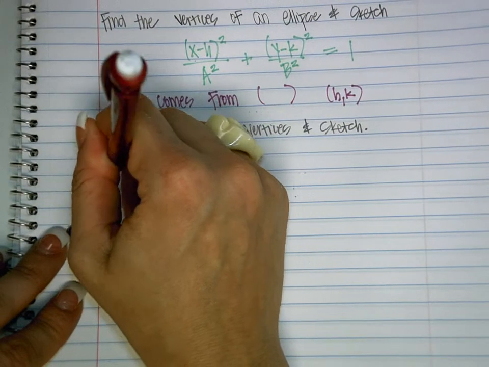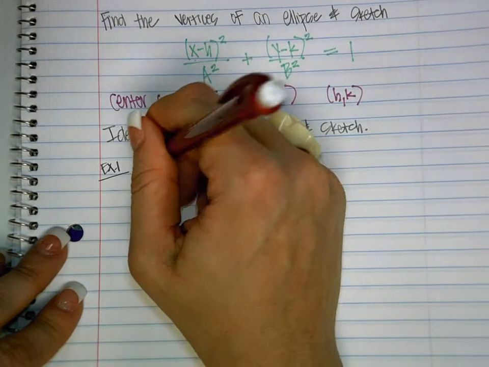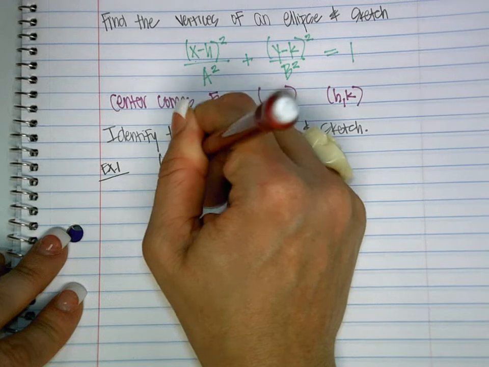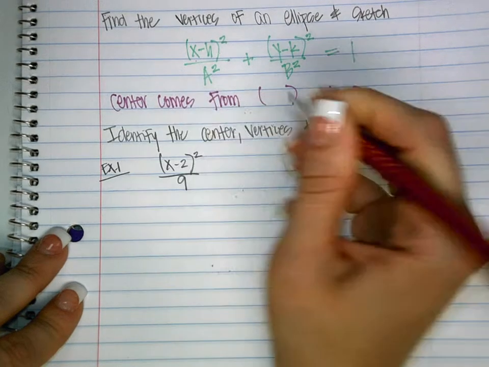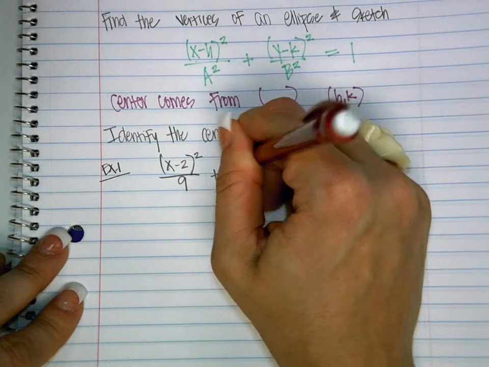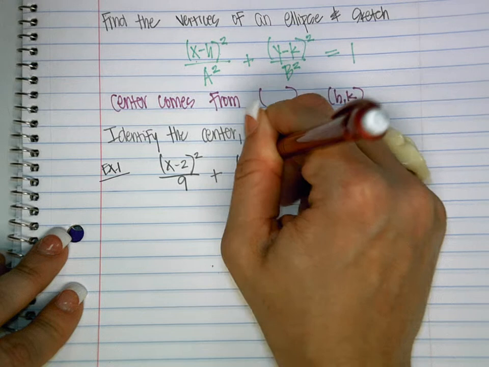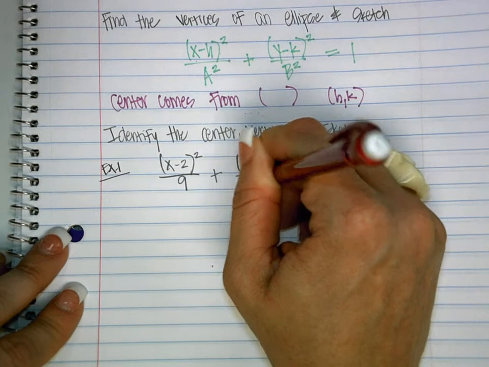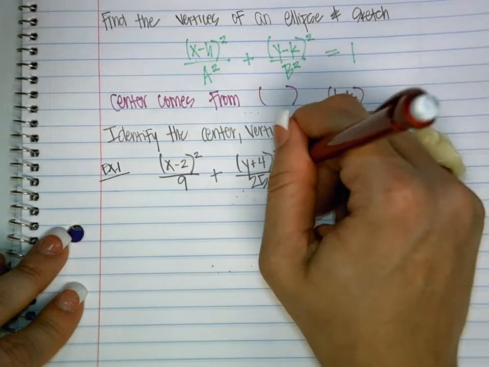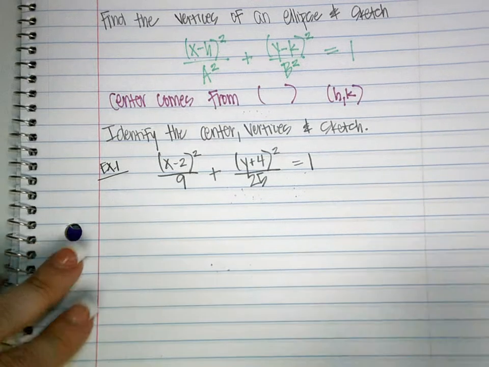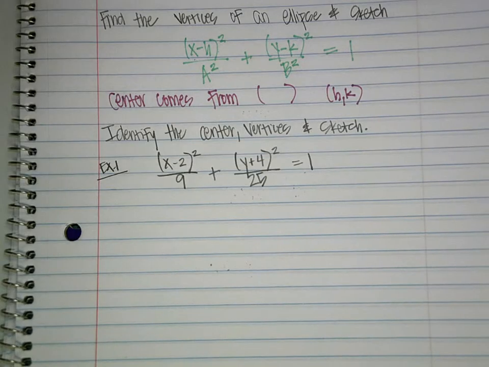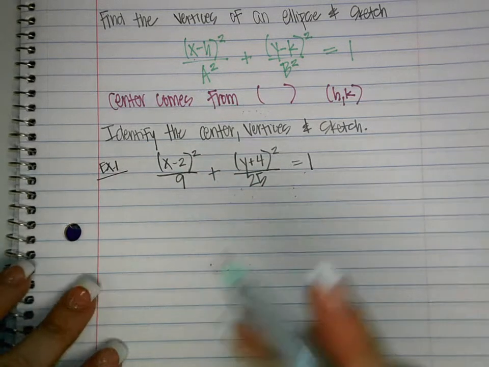For example number 1, if you are given the equation (x minus 2) squared over 9 plus (y plus 4) squared over 25 equals 1. First things first, let's find our center.